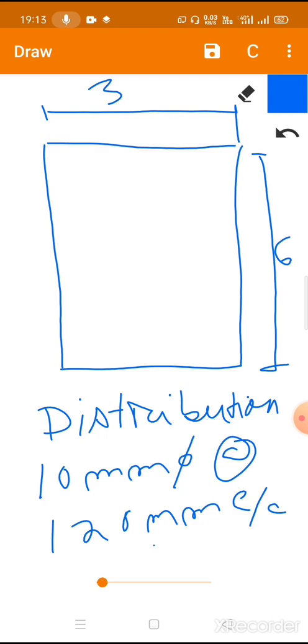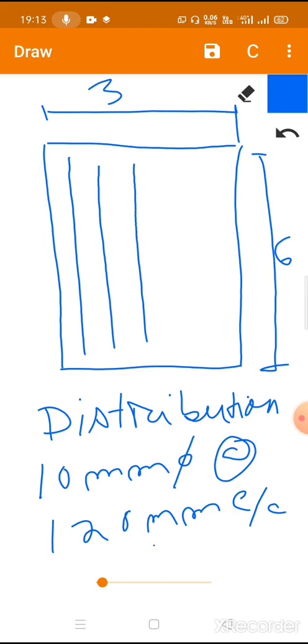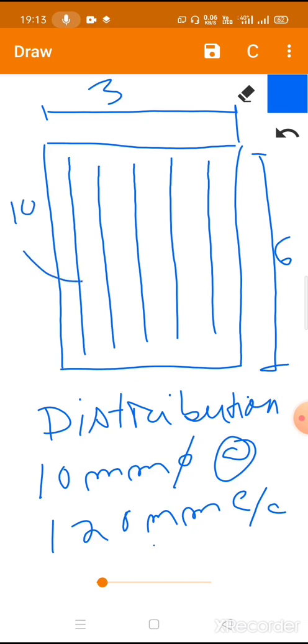Now these bars will be laid like this. What is the diameter of these bars? 10 mm. What is the spacing between the bars? 120.